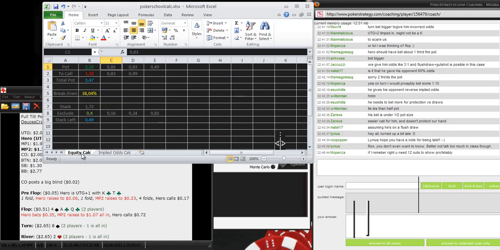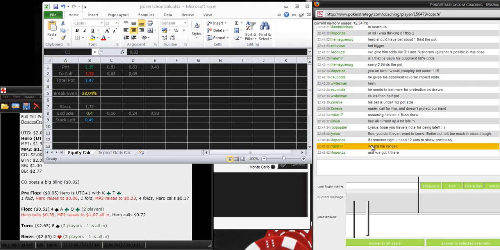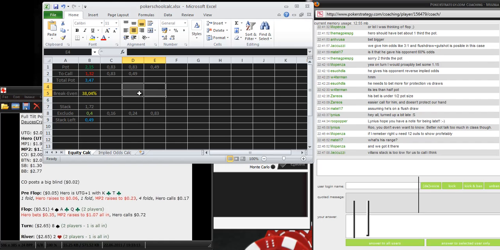And let's take a look. If I remember right, you need 12 outs to be profitable. And what's his range? Let's take a look. First thing, and that's actually the most important question, is what kind of equity we need there.